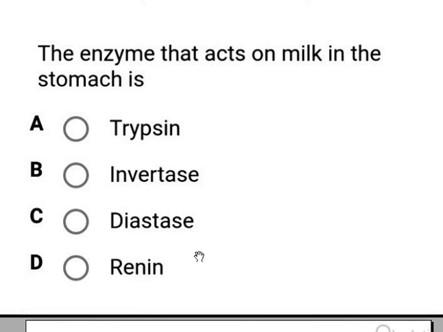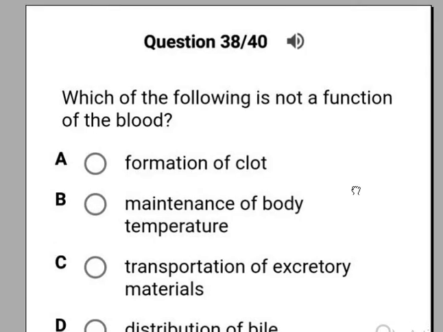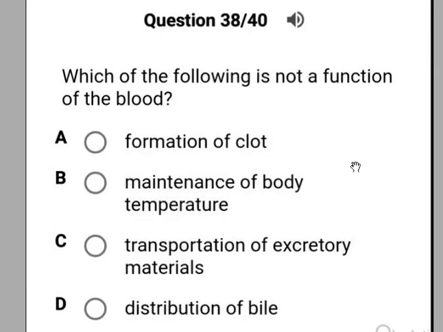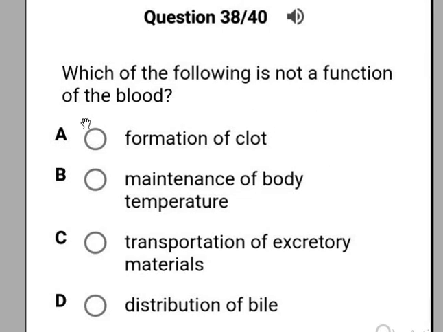So next question is 38. Question number 38 says, which of the following is a function of blood? A. Formation of clot. B. Maintenance of body temperature. C. Transportation of excretory material. And D. Distribution of bile. This answer is somehow easy.